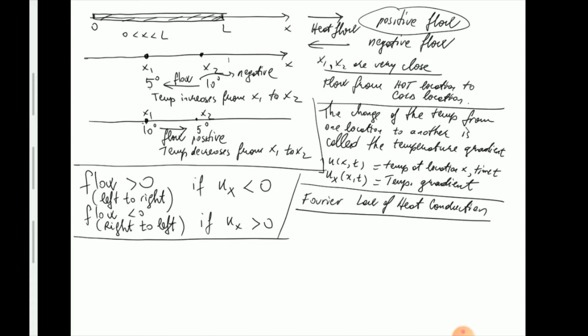The notation for the so-called heat flux, denoted by phi of x,t. This is going to be, by definition, the flow of heat energy per unit of area per unit of time.